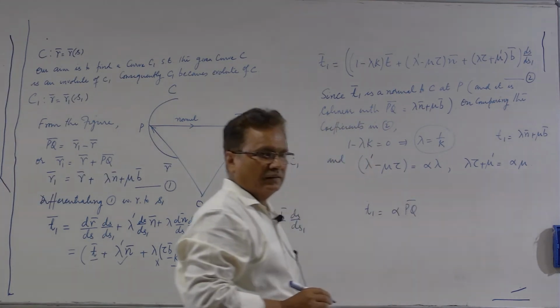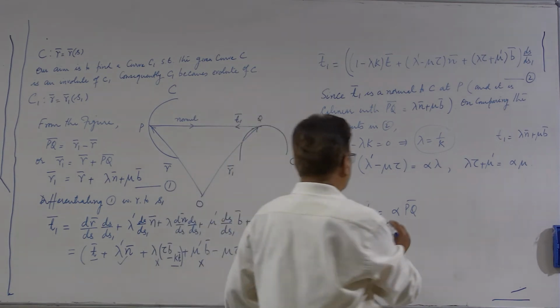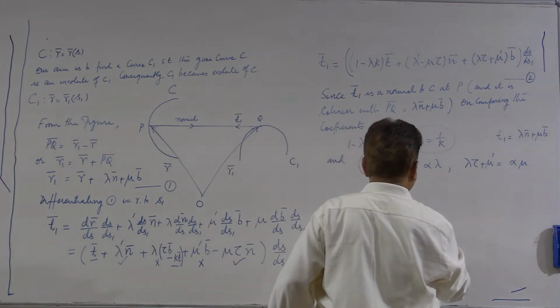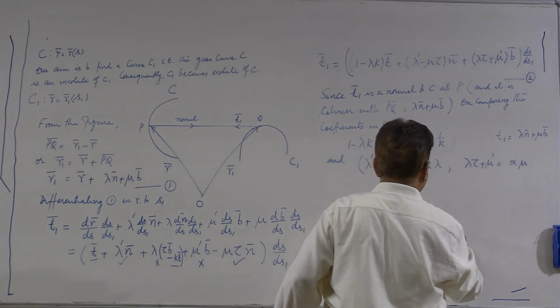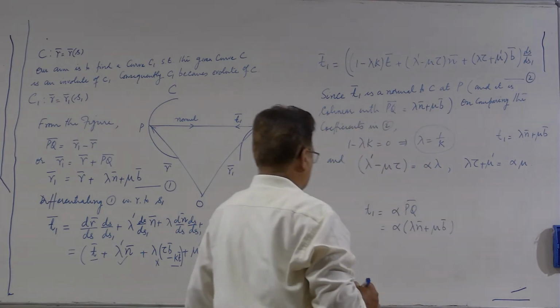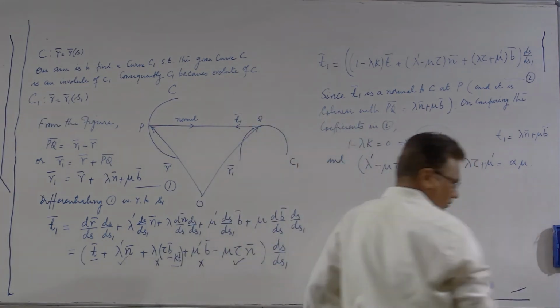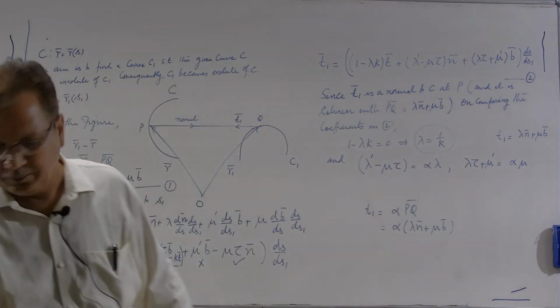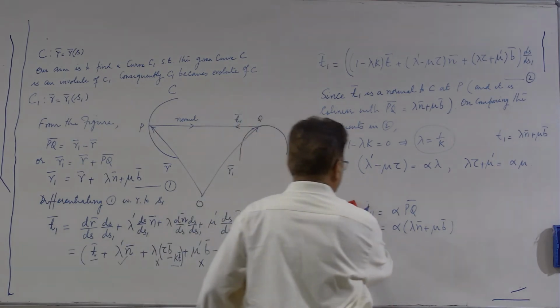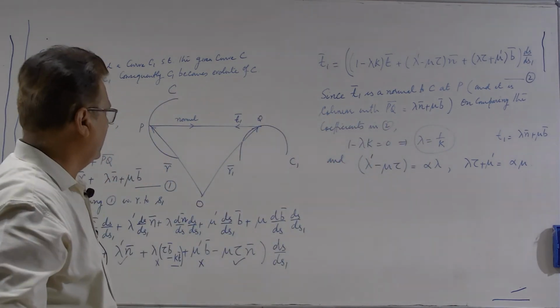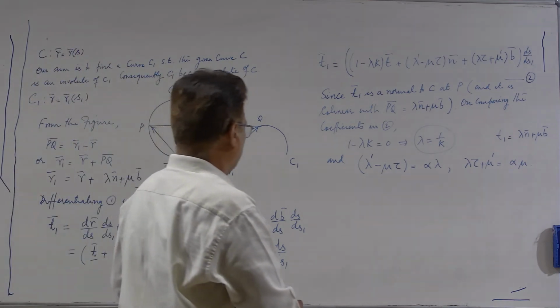Okay. This is what I am considering, and Pq is what? Pq is lambda n plus mu b. Okay. Right. So, now we have to solve these two equations.